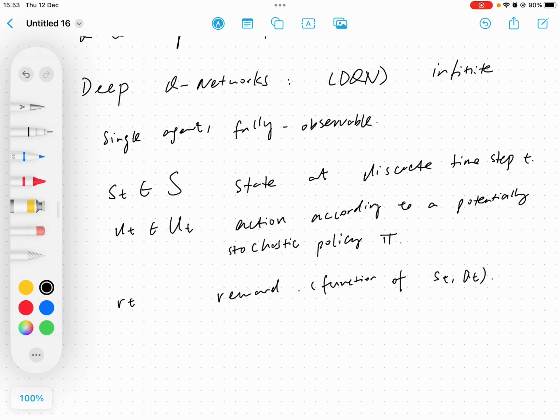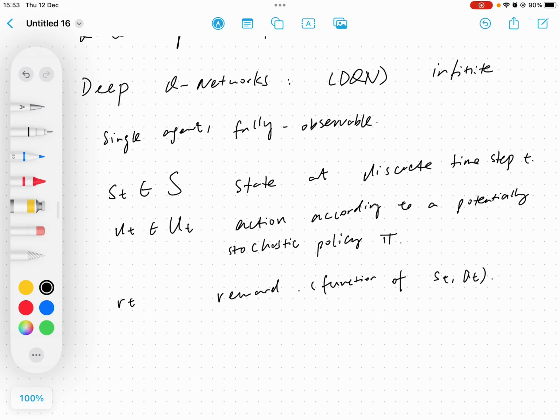Later we'll introduce the Q function, which is just an action value function. Sometimes it is difficult to directly model those Q functions, but it is relatively simpler to model the reward functions, because they are deterministic.